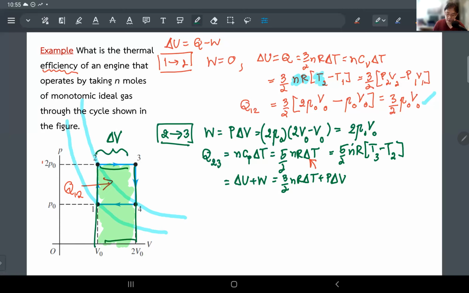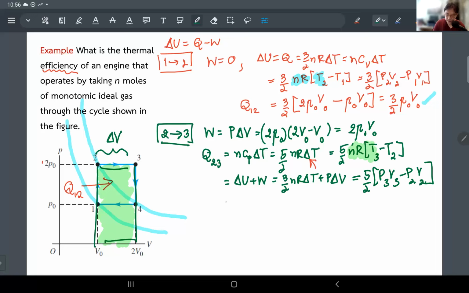And once again, even though we don't know the temperature at point 3, nRT is just going to be P times V again. We use the same trick. Use the equation of state to help. So whatever route you take, at the end you're going to get 5/2 times P3V3 minus P2V2. Yes. Very good.